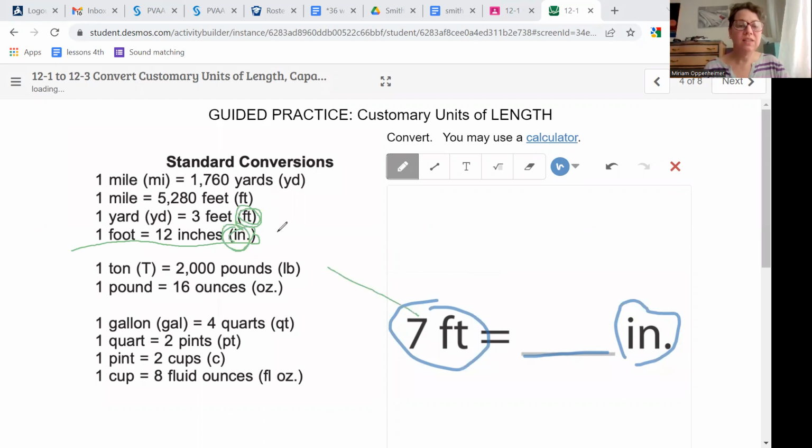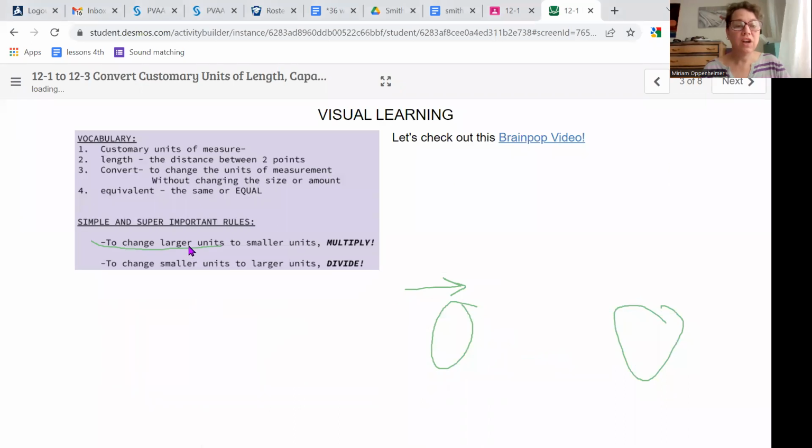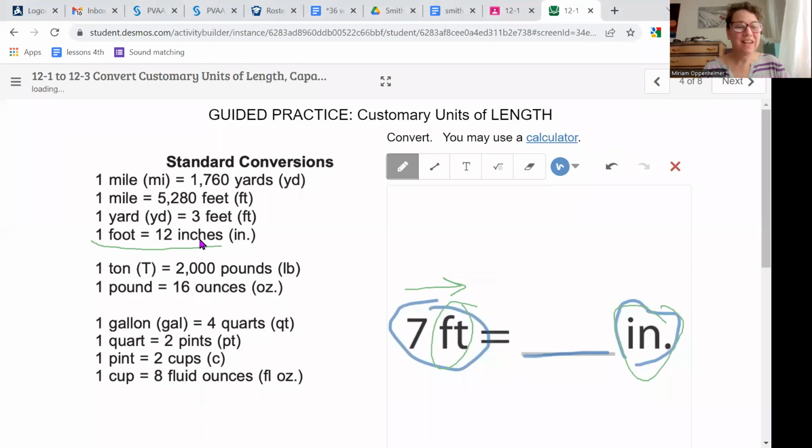That's how I know that. See, this is the FT and this is the IN. Very important. And so 1 foot is 12 inches. So 7 feet. These are big and inches are small. We want to change larger to smaller. If you go back here, you remember when you want to change larger to smaller, we multiply. So that's what we're going to do, multiply.